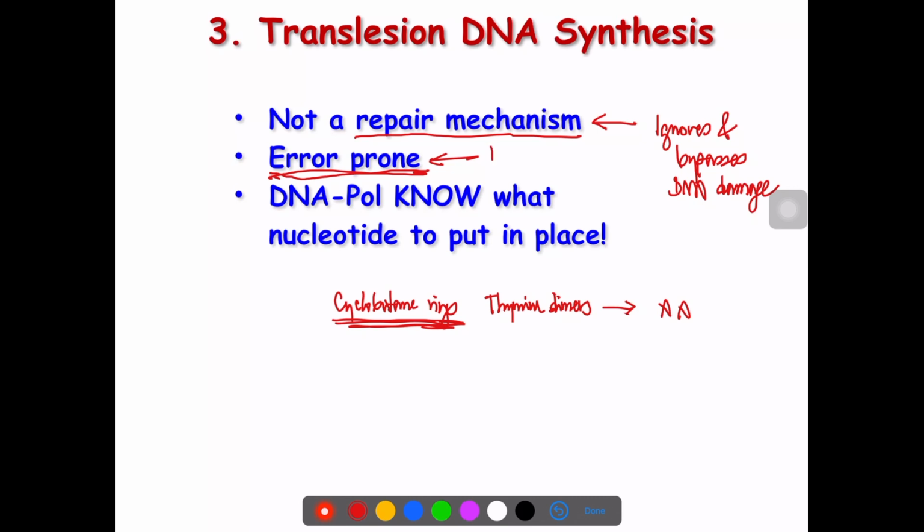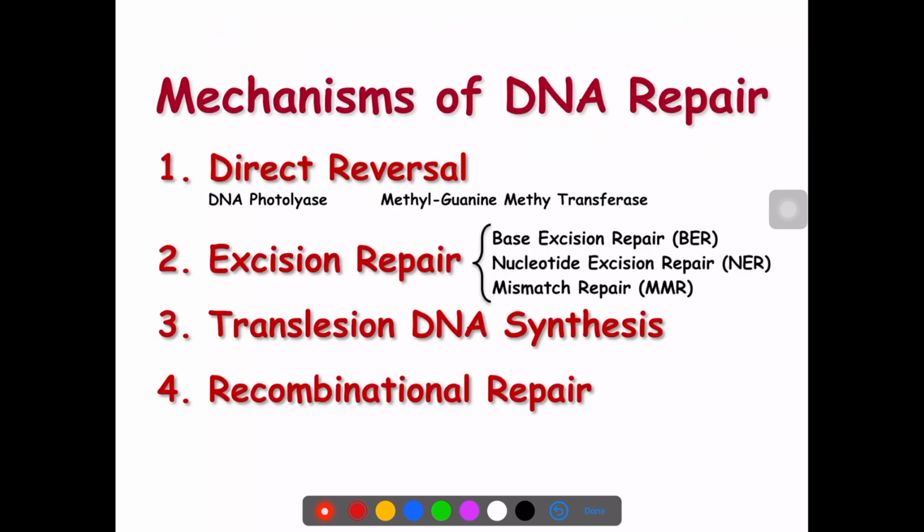And that is because they lack proofreading activity. So they don't have that proofreading activity that is present in our highly processive DNA polymerases, DNA polymerase delta and DNA polymerase epsilon. All right, so that's all that I needed to mention about translesion DNA synthesis.